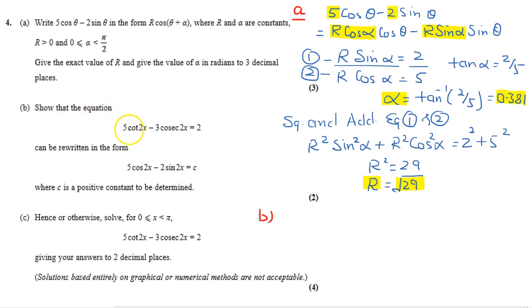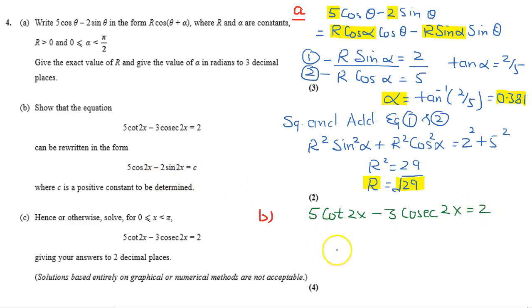Now show that the equation 5 cot 2x minus 3 cosec 2x is equal to 2 can be written as 5 cos 2x minus 2 sin 2x equal to 3. So let's say our equation is 5 cot 2x minus 3 cosec 2x is equal to 2.